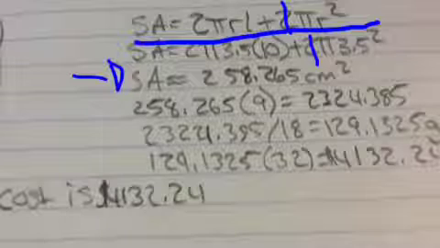With that information, once you divide by 18 square centimeters per gallon, it's going to be 129.1325 gallons of substance that we're going to paint these with, or put on these things that we're going to need, which you can't have 0.1325 gallons of anything, so we're going to round that up to 130.